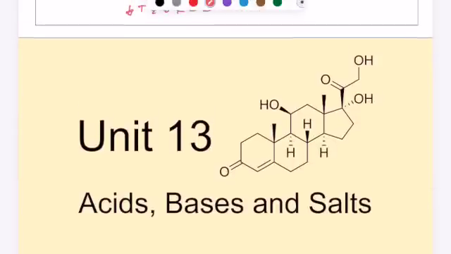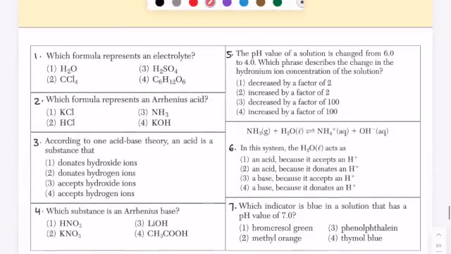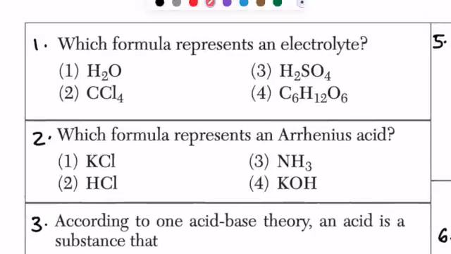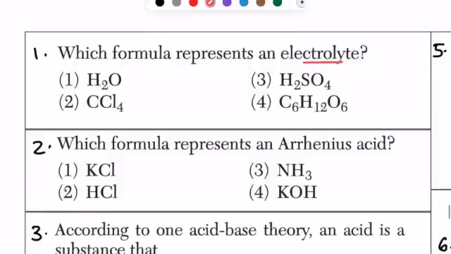Now let's move on to acids, bases, and salts. Which formula is an electrolyte? So electrolyte is something that can conduct electricity when it is in a solution. So something that can break into ions. So H2O is just water, covalent molecule or molecular compound, doesn't break into ions. CCl4 is both nonmetals, once again covalent.